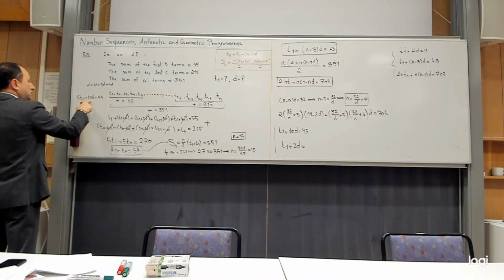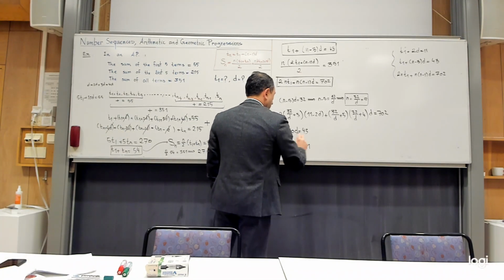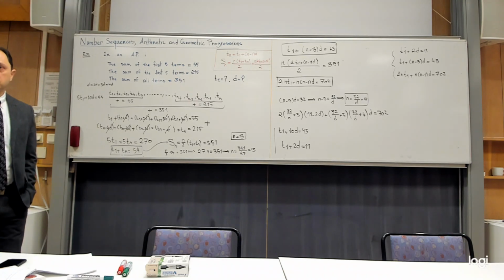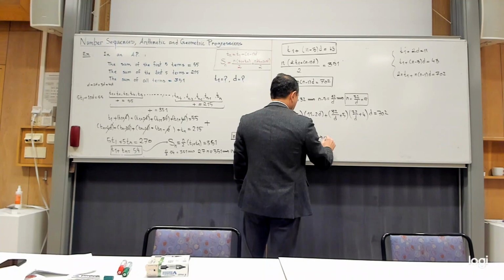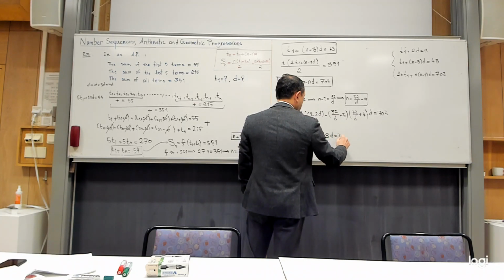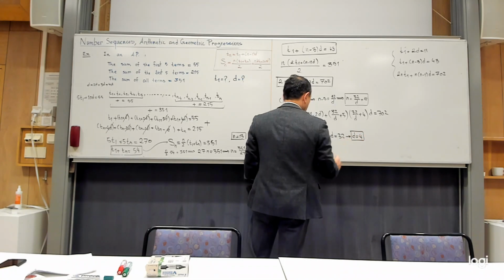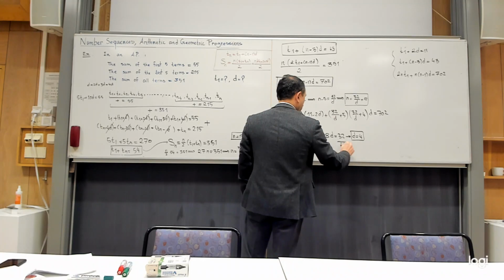So okay, t1 plus 2d, but it was 11. Yes? And then this is a really simple system of equations to solve. So if I subtract them, it becomes 8d is 32, then it means that d is equal to 4. And then when I put this here, t1 becomes 3.